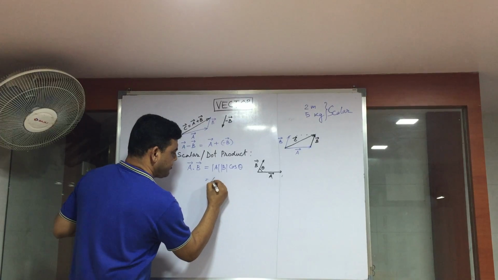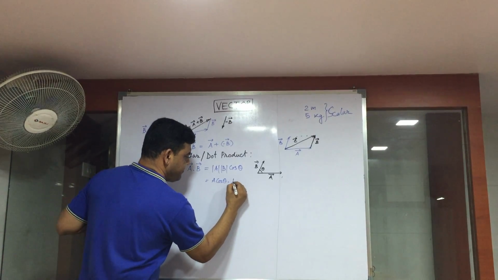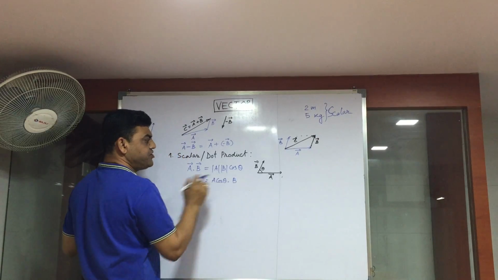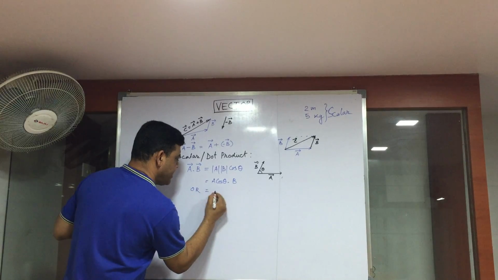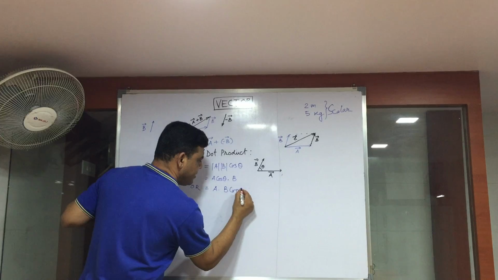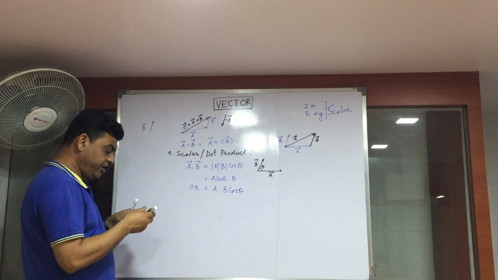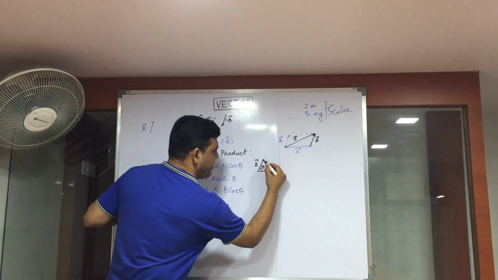It could be A cos theta into B, where we are talking of magnitudes, or we can write this as A into B cos theta. If I take the component of B vector along vector A, what does that mean?